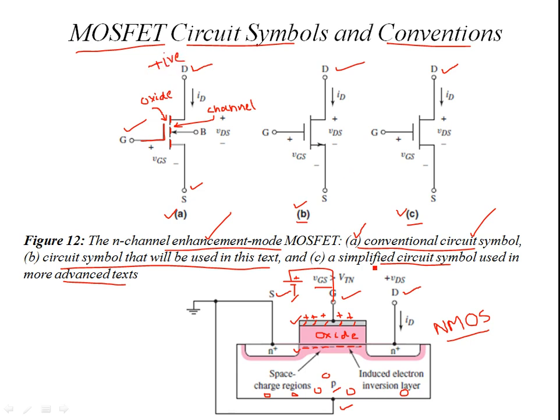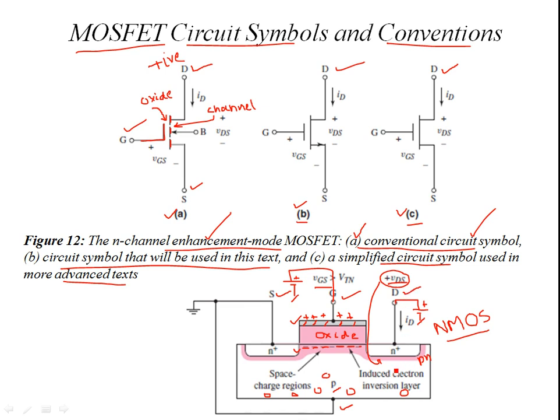Because you are making this PN junction at the drain side reverse biased. So VDS is positive over here. You have a positive battery connection with the drain, negative over here, and this battery, this VDS, is responsible for the reverse bias of this junction. Okay, this junction I'm talking about.